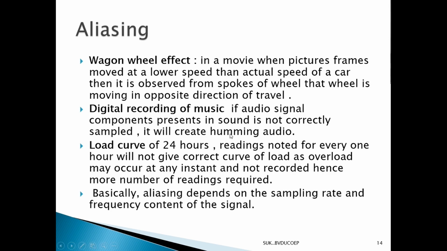Why this effect? This effect is known as the wagon wheel effect. The picture frames are at a lower rate than the actual speed of the car, and from the spokes of the wheel we observe the wheel moving opposite to the direction of travel. This is alias, because the correct frequency is not captured and therefore a wrong signal is observed.